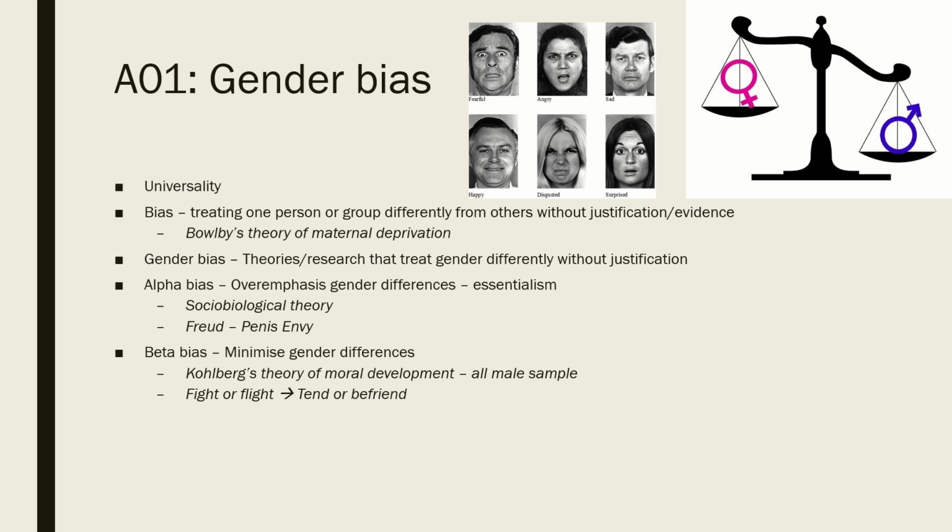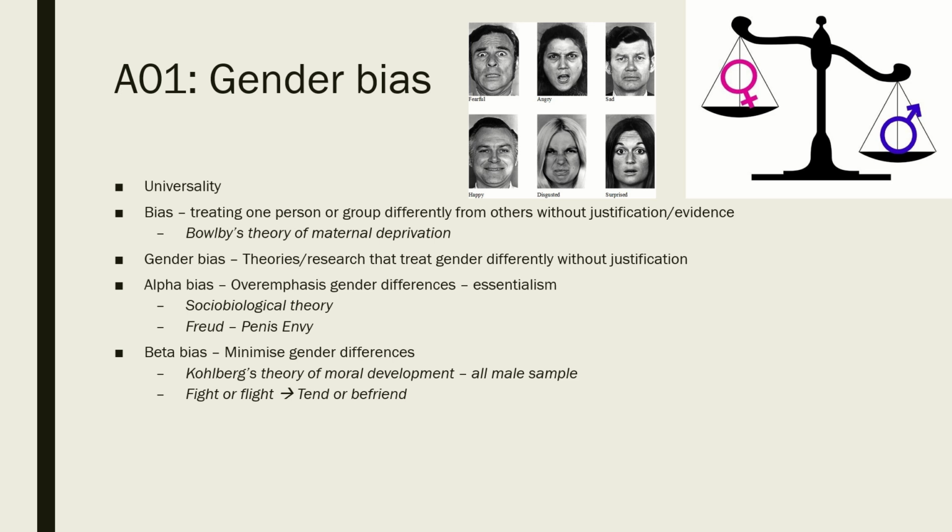So male animals don't have those same hormone fluctuations that female animals have. So we're talking about the menstrual cycle here and being fertile. So male animals are favoured in lab experiments over female animals for that reason. So therefore, a lot of the research on fight or flight was done on male animals and then taken not only from animals to humans, but from male animals to female humans.